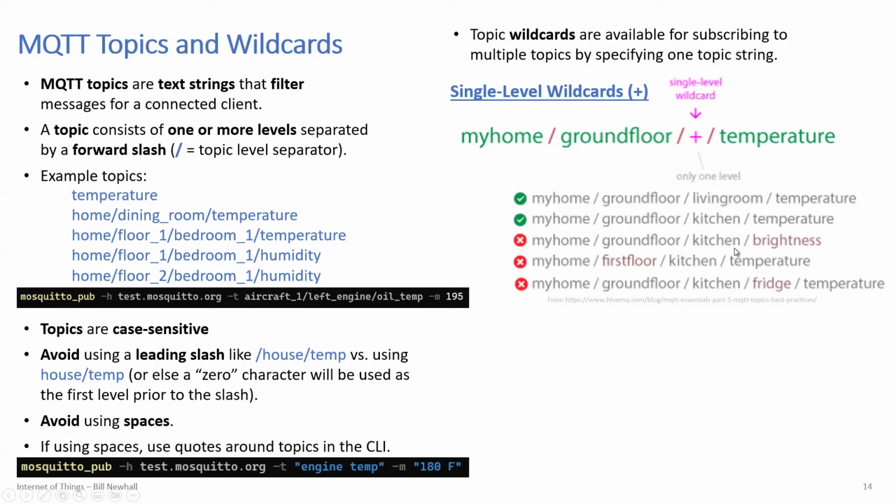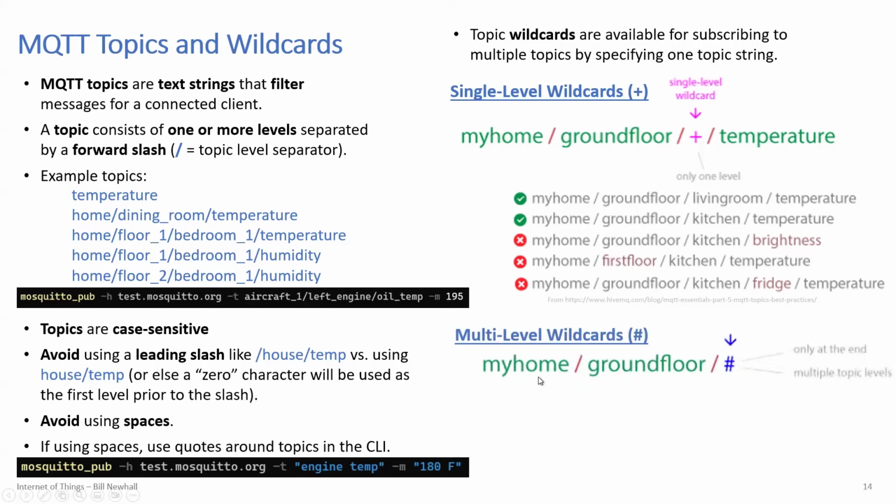Okay, so that lets you subscribe to multiple topics, and you could think of how you might use that when you have a microcontroller publishing multiple data values or multiple microcontrollers publishing, and you want to receive from multiple microcontrollers.